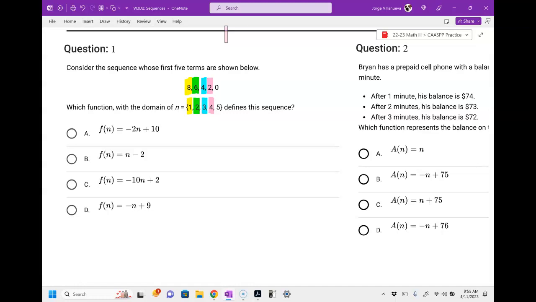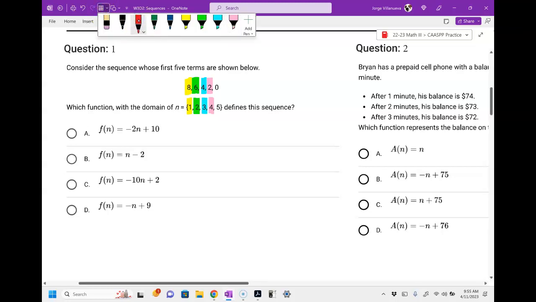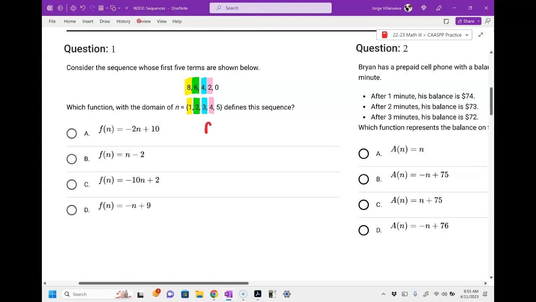Okay, so let's start off with the easiest number to plug in. Again, it says my domain is 1, 2, 3, 4, 5. So let's start with 1. Let me plug in a 1 into my part A. Let's see if it works. So if I plug in a 1 into part A, it comes out to negative 2 times 1 plus 10.